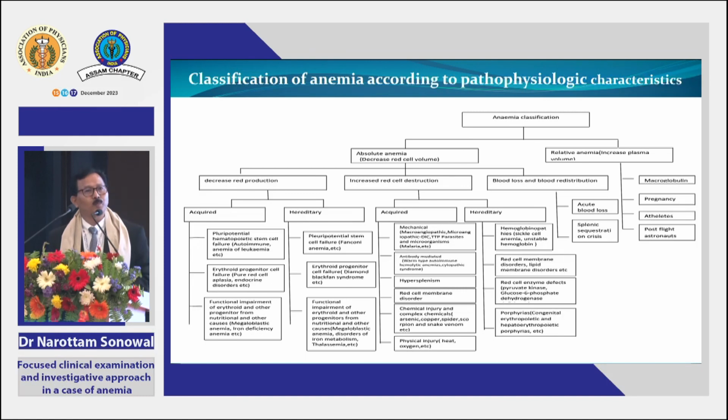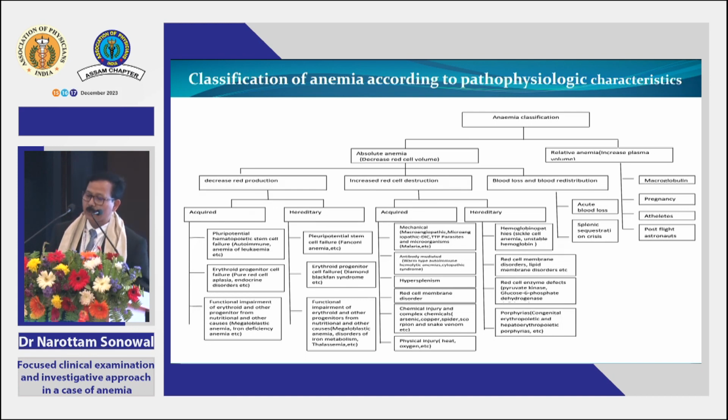The other group is due to increased destruction, with acquired causes and hereditary causes. In acquired causes, it may be mechanical, antibody mediated, due to hyperosmolarity, red cell membrane defect, or mechanical or physical injury. So all that should be evaluated.